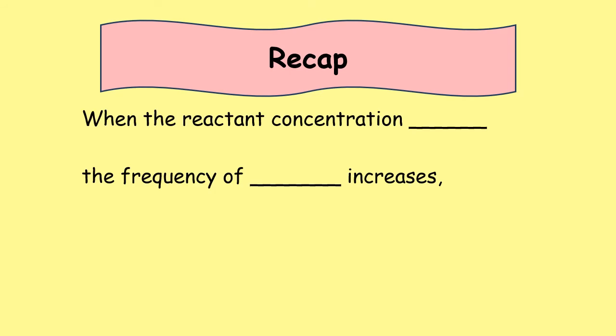So we've got another recap question. This time it's about concentration. So it's asking you for when the reactant concentration does something, the frequency of something increases. So there's 2 words we're looking for.